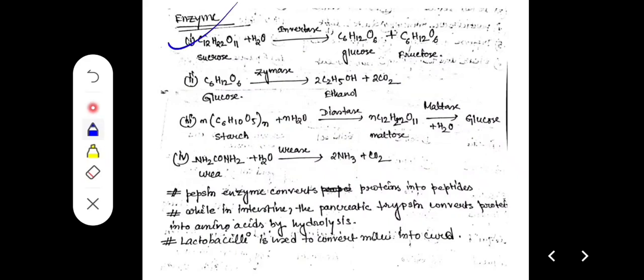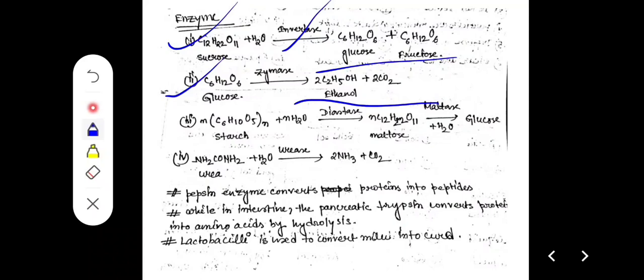First one, sucrose, C12H22O11, the formula of sucrose or table sugar, plus water, with invertase, produces glucose and fructose. Now glucose C6H12O6: when zymase reacts with glucose, it produces ethanol and carbon dioxide. We better call that fermentation.